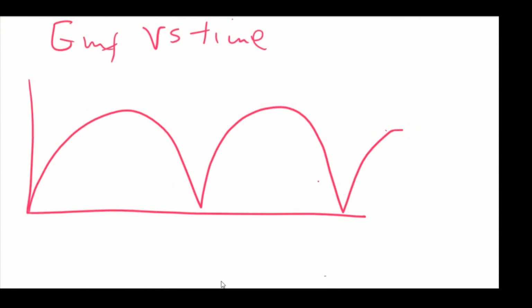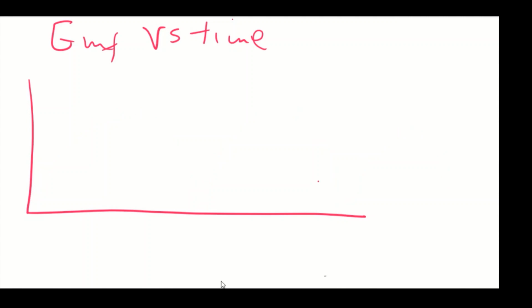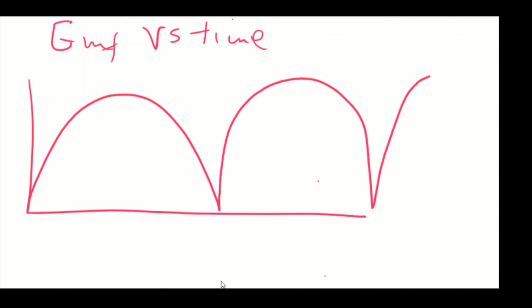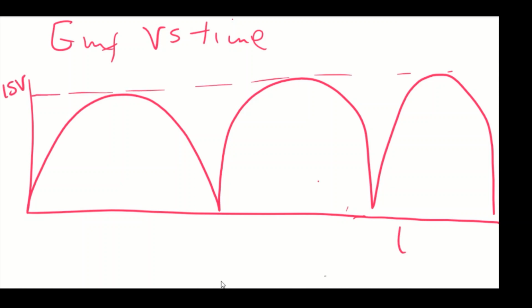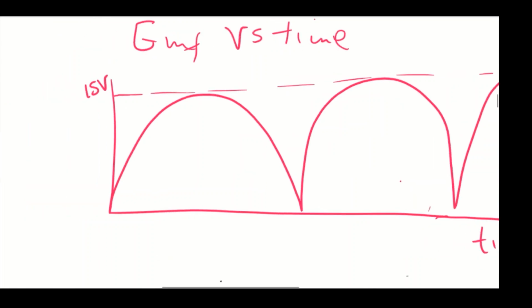So these cycles are equal. And the maximum, which is this part here, is going to be the 15 volts. So this would be time at the bottom in seconds, and this would be EMF in volts. So this is our EMF versus time graph.